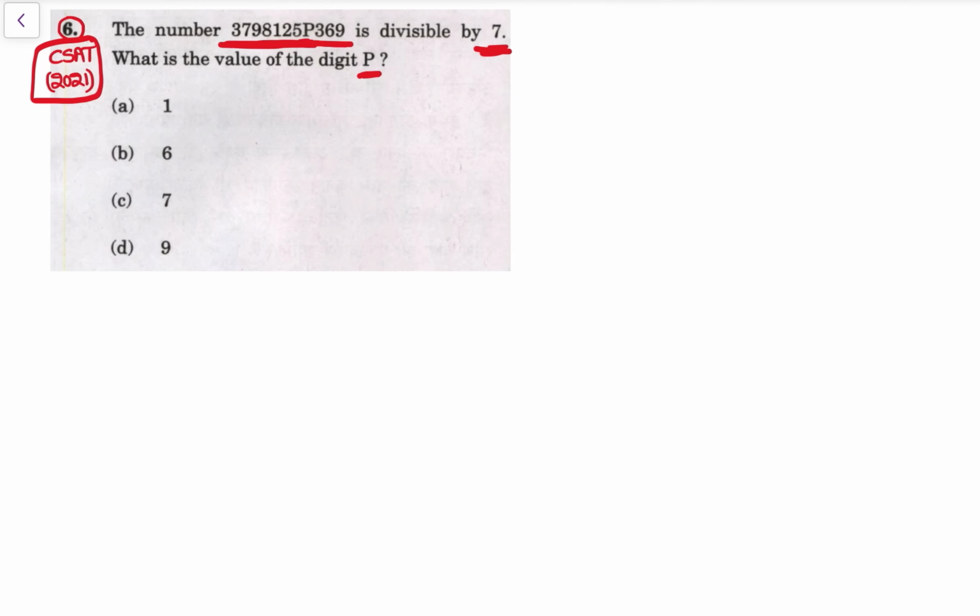The rule of triplet. So triplet, see 379 8125 p 369. Starting from here, then this one, then this one, then this one. See, this is plus, minus, plus, minus.